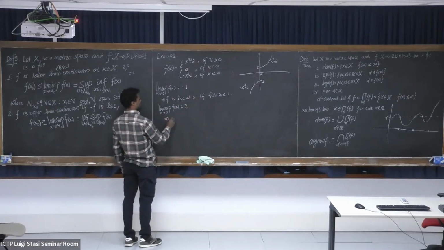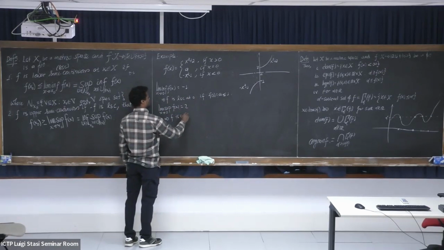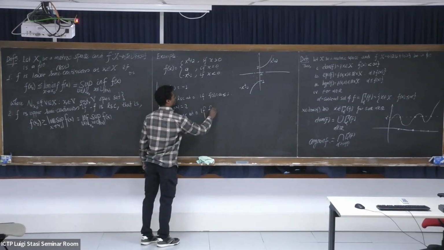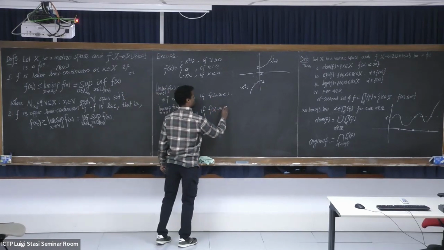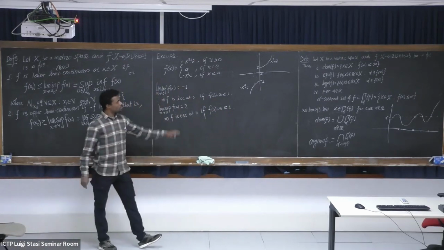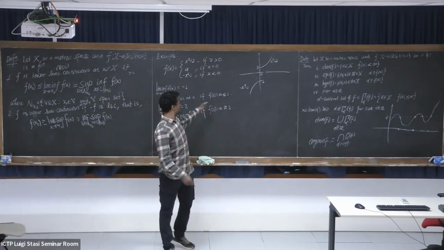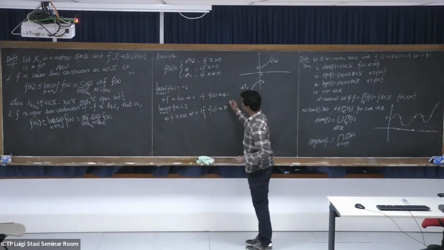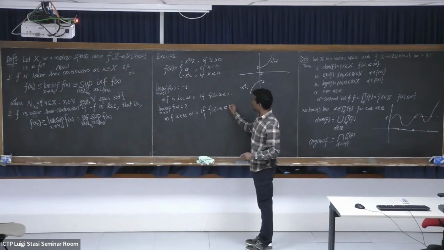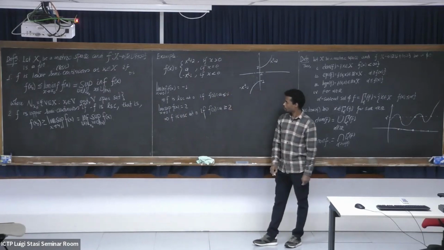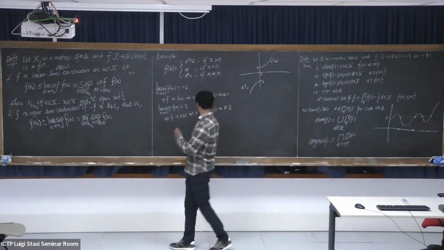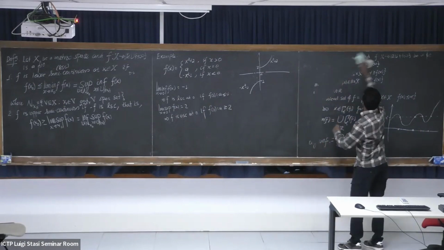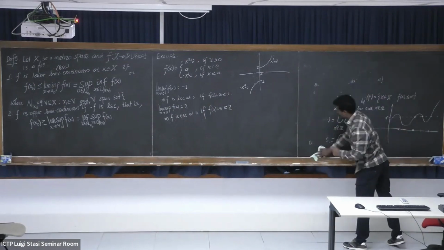So meaning that f is upper semi-continuous at 0 if f of 0, a, must be greater than or equal to 1. If this function is continuous, these two are equal, but there is no instance. It's the negative case. -1 is greater than or equal to 2. Right? So this is a very simple example of continuity definitions.